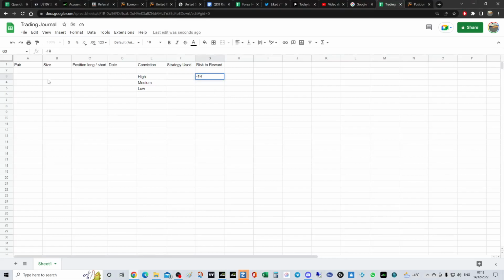So that would be the GU. Yeah, you get the idea. And then when we re-entered, it was a long, and then it was a plus 3R. You can put the plus in front, but it's up to you.